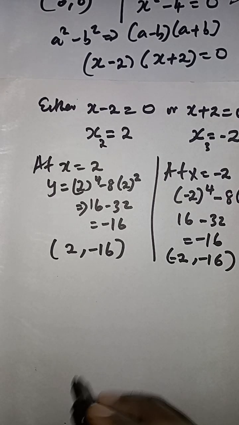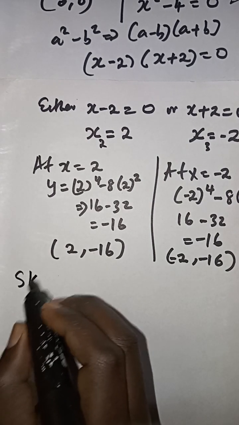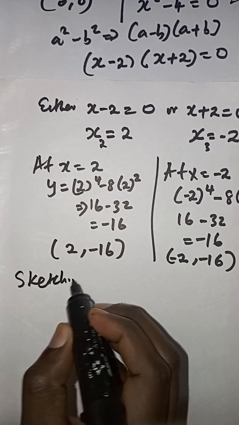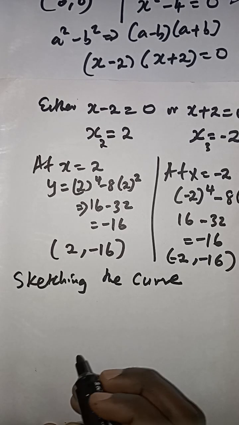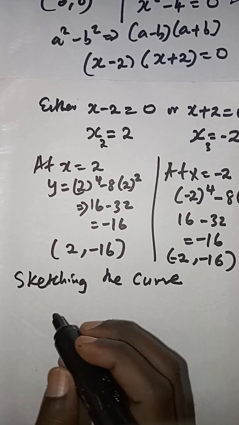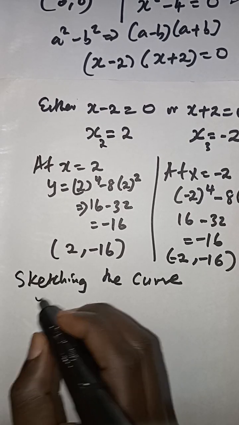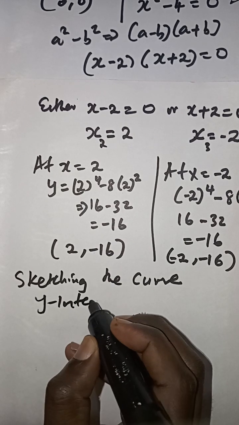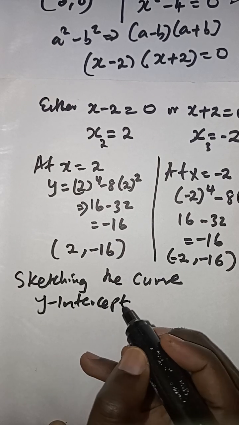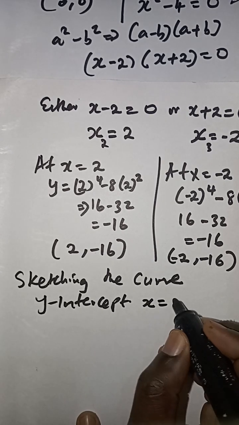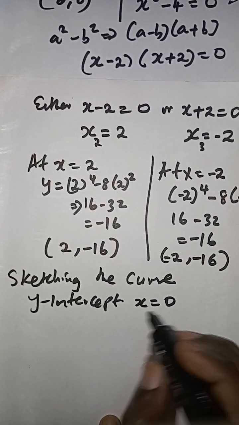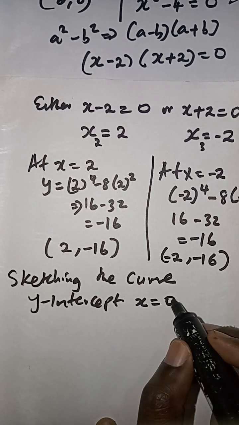So let us try sketching the curve. For me to do this, I'll start by finding the y-intercept with the curve, meaning at the y-intercept, of course, the value of x should be equal to 0.